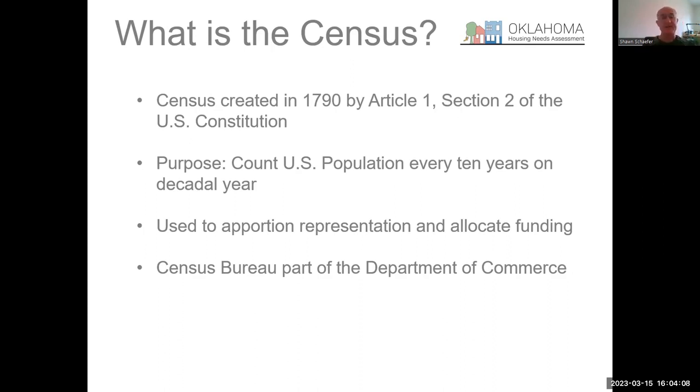The purpose is to count the population of the United States, or at least that was the original intent. And that number of people, particularly the number of people in each state, is used to apportion representation, so the number of representatives each state gets in the House of Representatives, and to allocate funding.